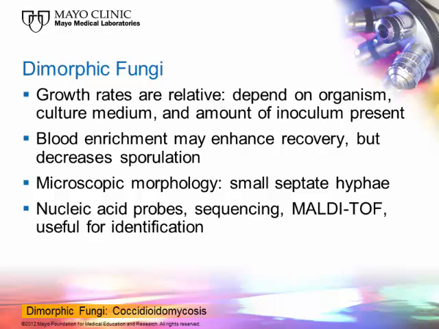They're caused by fungi that are called dimorphic fungi, and that is that these organisms happen to have two growth forms. They have some particular features that we will go through that are in common to all of them, and the growth rates are relative, and that depends upon how much organism is present in the clinical specimen that you start off with.